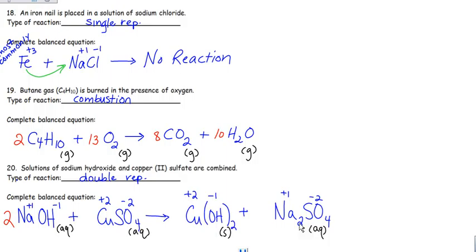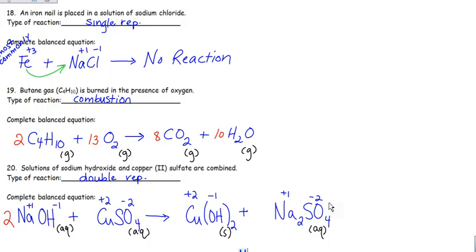When I make a new combination of ions, you got to watch those charges. Copper with hydroxide is now plus 2 minus 1, so I need a little 2 there. Sodium with sulfate is a plus 1 minus 2, so I'm going to need 2 sodium. This thing balances really easy. I just need 2 sodium hydroxide.